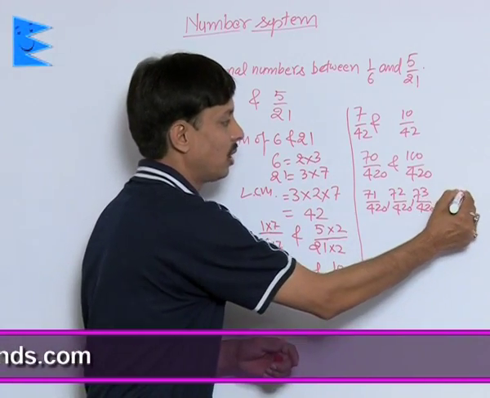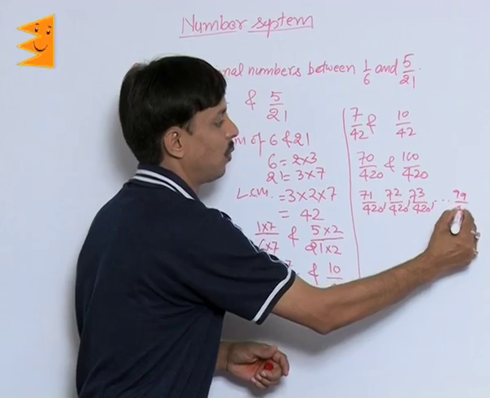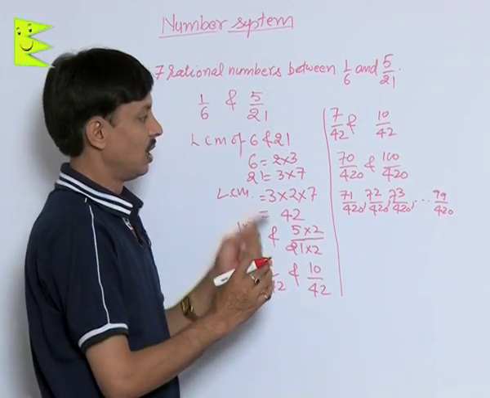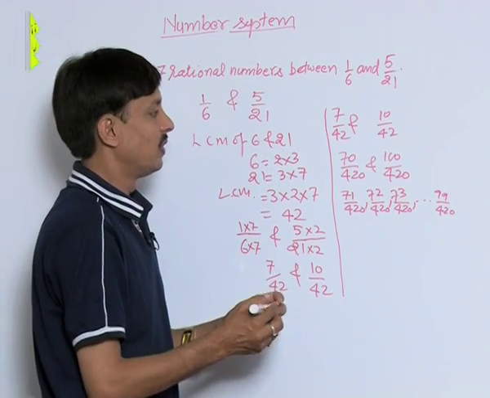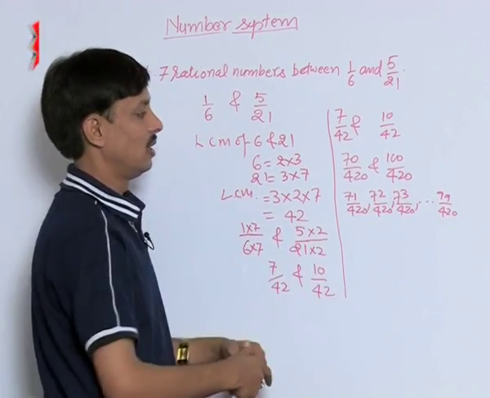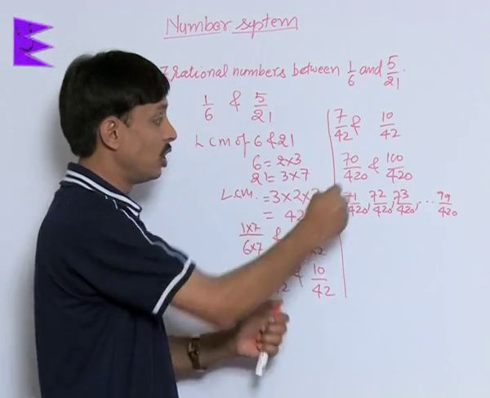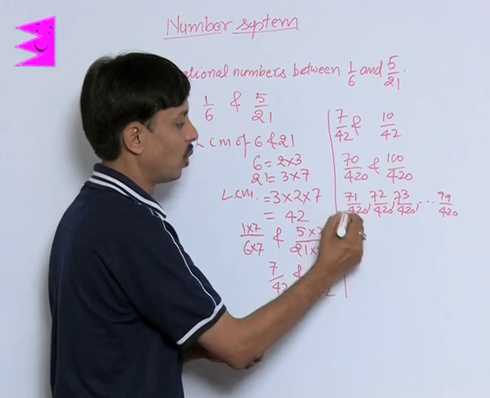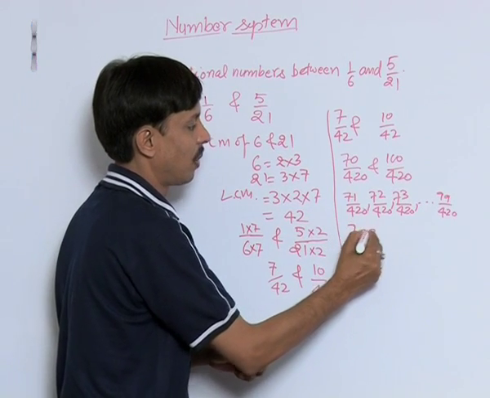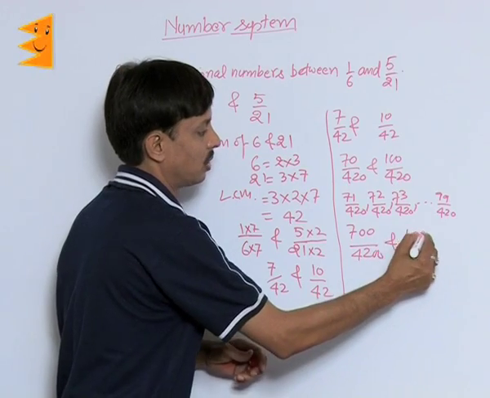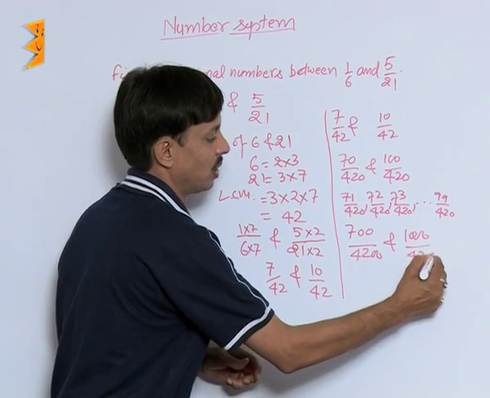So till what? 99 upon 420. So 71 to 99, that is what? We can say I have inserted many rational numbers between these two. If you want to insert a few more, you can write it like this: 700 upon 4200 and 1000 upon 4200.